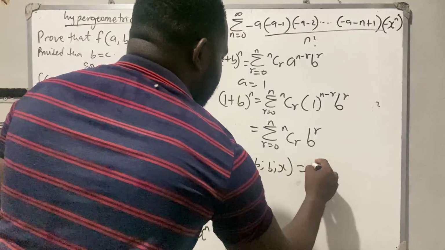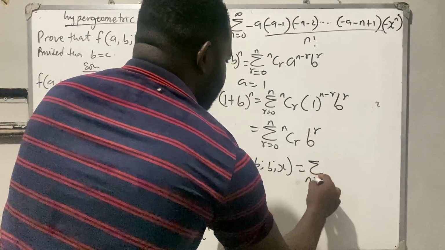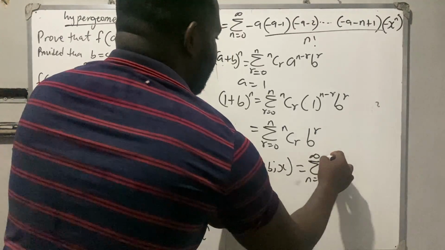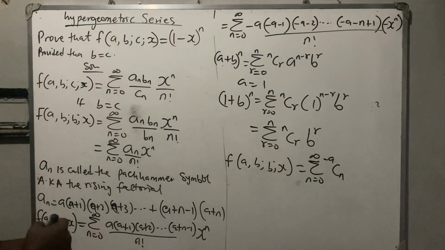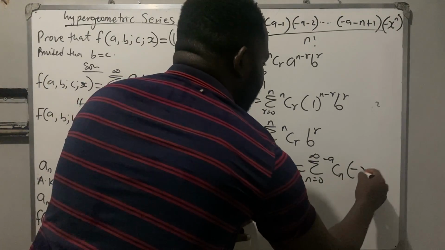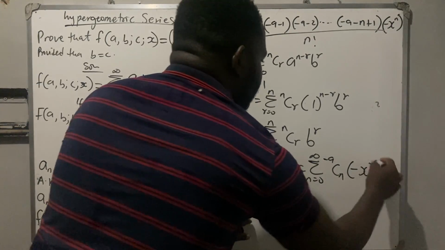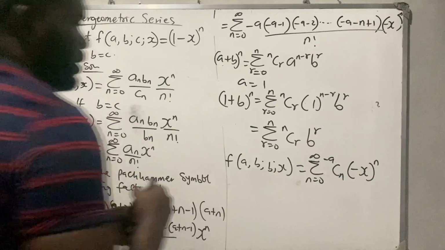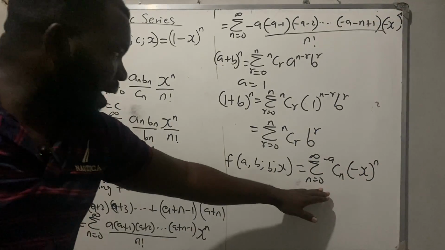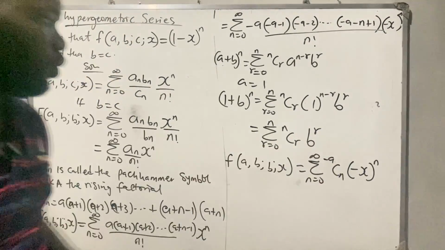Please know that this is the summation of n starting from 0 to infinity of minus a combination n, and then I'm having minus x raised to power n. Sorry, the n here should be outside, please.